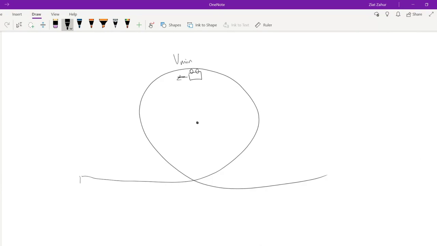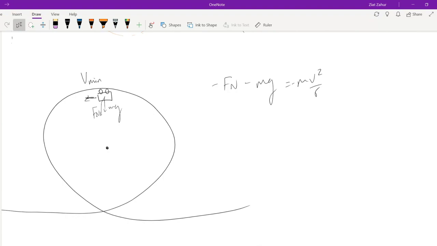If I did my FBD, we can see that normal force minus mg is equal to mv squared over r, so that's the centripetal force.